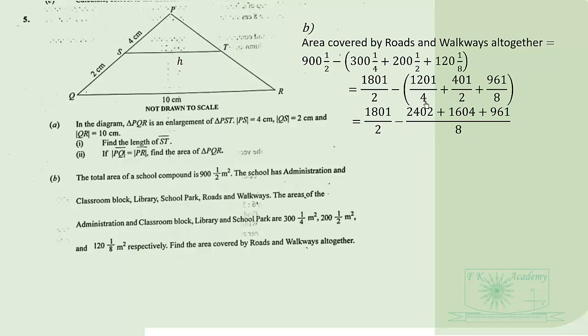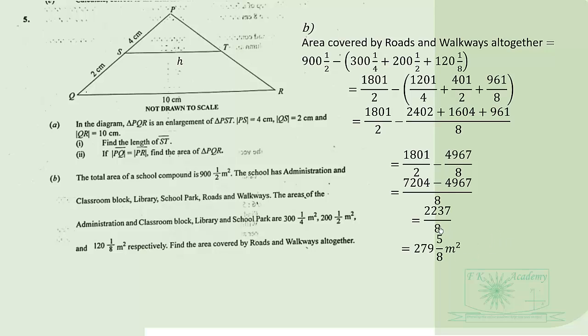So you see, 4 will go into 8. 2 times 1201 will give you 2402. Then 2 will go into 8. 4 times 400 will give you 1604. Like that. Then you are adding and subtracting, but you still get huge numbers to deal with. Wow, 2237 over 8.